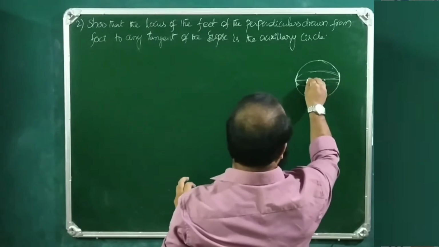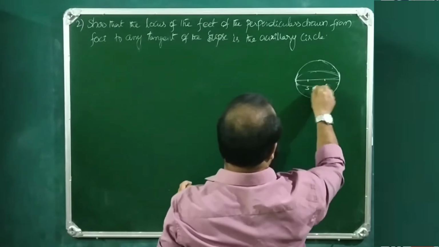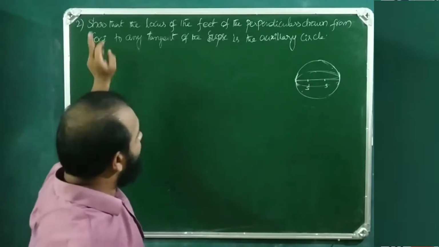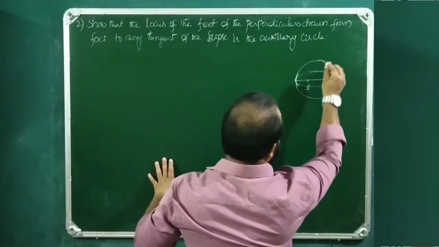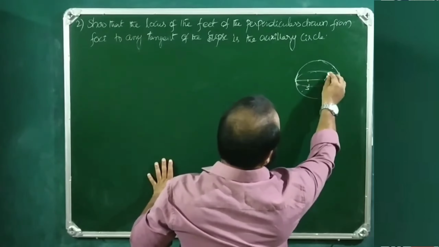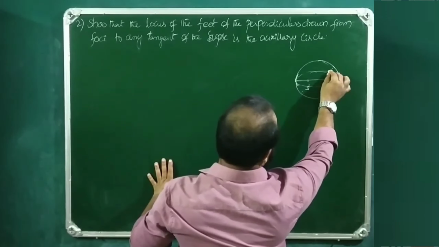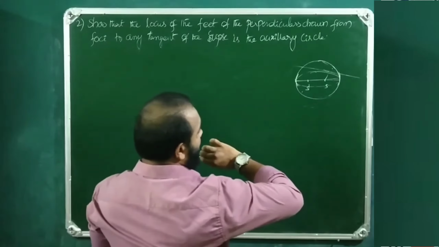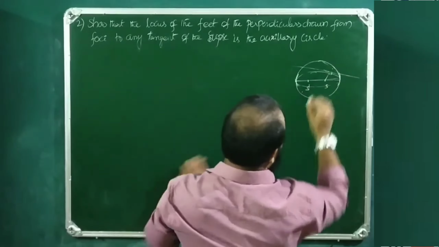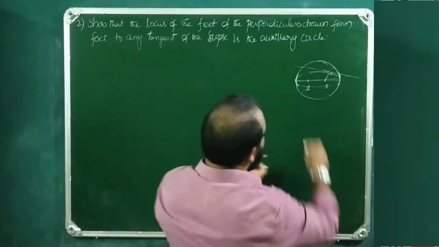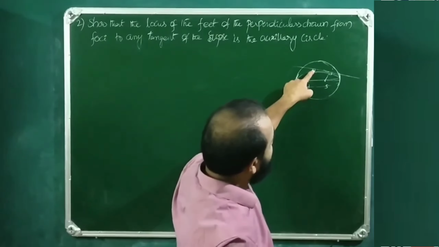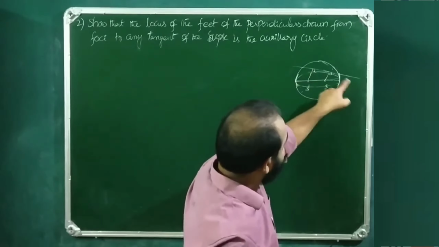So this and this are foci, S and S dash. Feet of the perpendiculars drawn from foci. So from this and this, feet of the perpendiculars. So this is the foot of the perpendicular of this tangent and this is the foot of the perpendicular of this tangent.